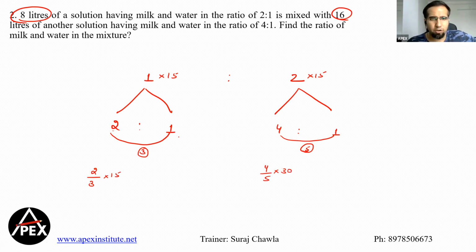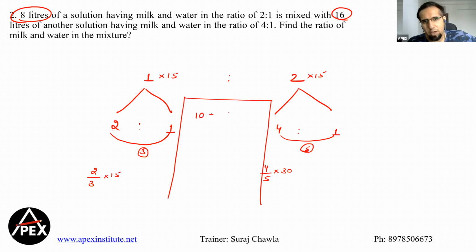So what is the total quantity of milk, guys, from both the containers? So 3 ones are 3, 3 fives are 10 liters is coming up from here, and 24 liters is the quantity of milk, divided by 1/3 into 15, that is 5 liters coming up from here, and 1/5 into 30, that is 6 liters coming up from here.